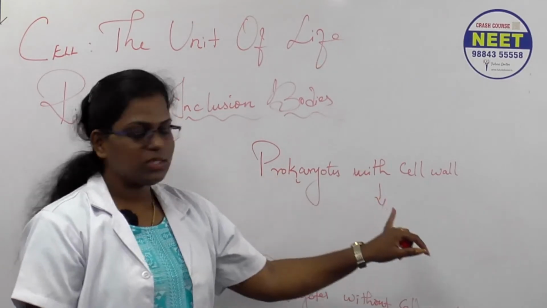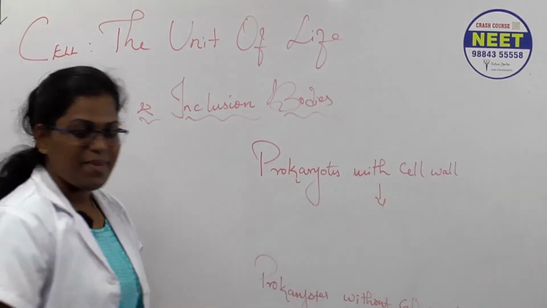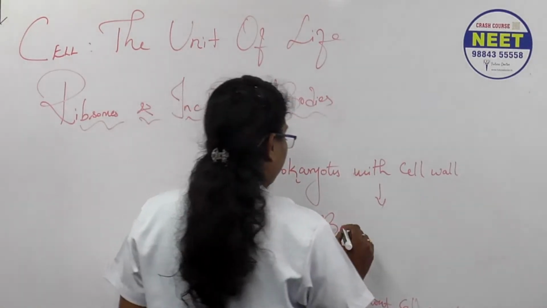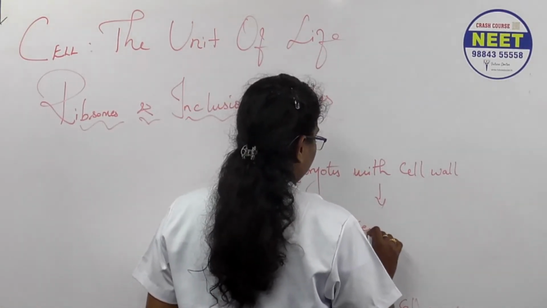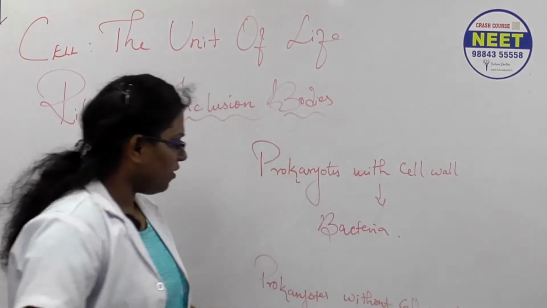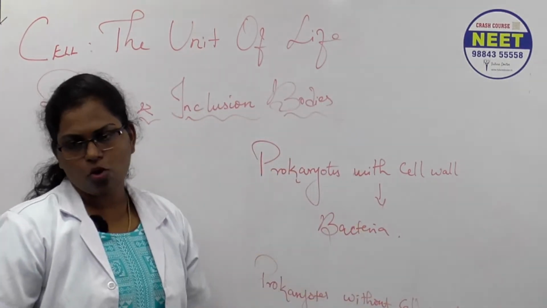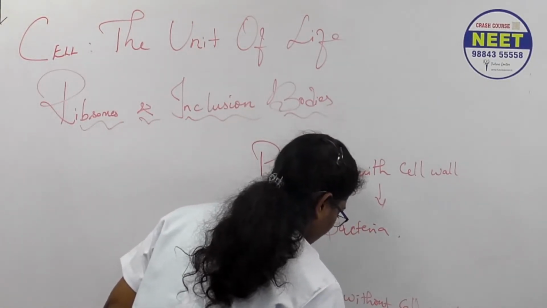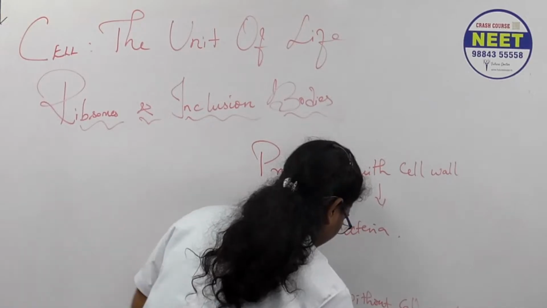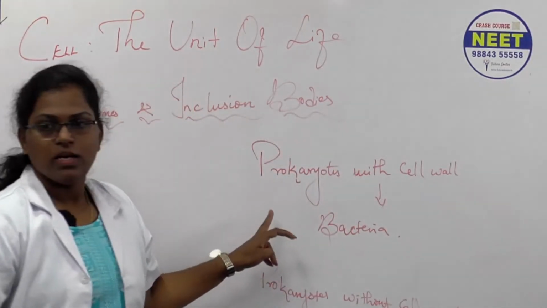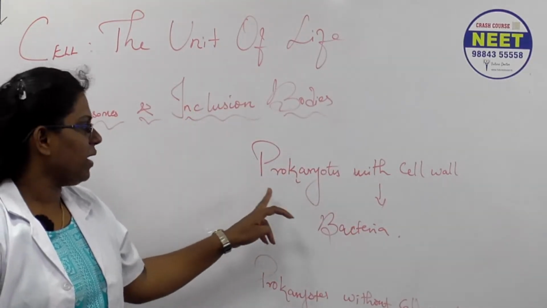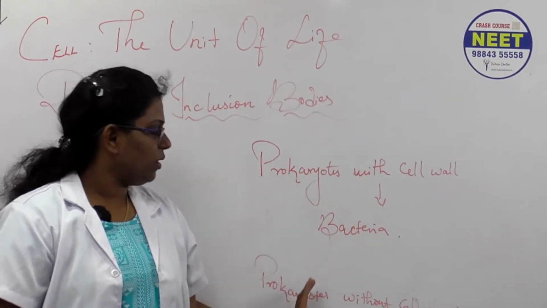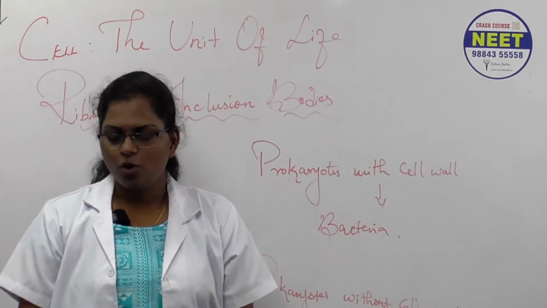So prokaryotes with cell wall is bacteria. Bacteria is having a cell wall, right? And prokaryotes without cell wall is mycoplasma. So these will be the answers.